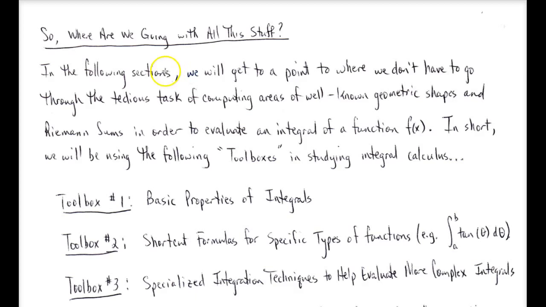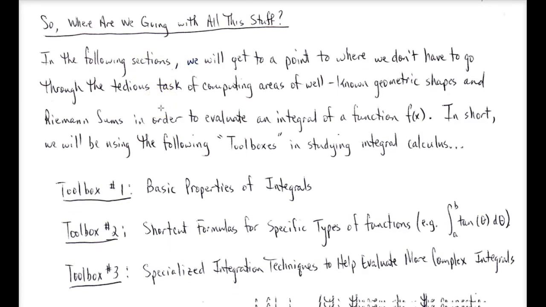Now, in general, in your study of calculus, no matter who you're taking it with or where you're studying, some of the basic things that you'll be doing is finding out what the basic properties of integrals are. You'll be finding some shortcut formulas, just like how we had the differentiation rules for derivatives. You also have some integration rules for integrals, and then you'll see some specialized integration techniques to help you evaluate more complex integrals.